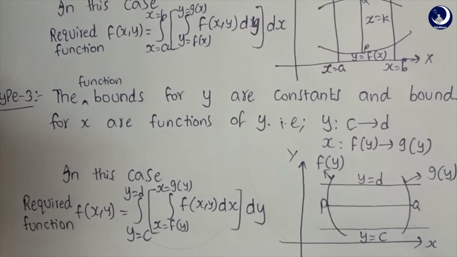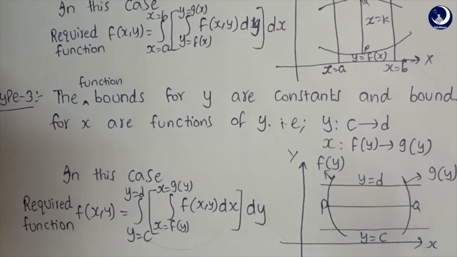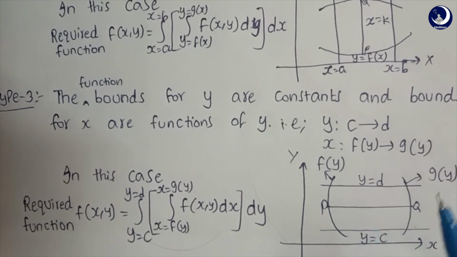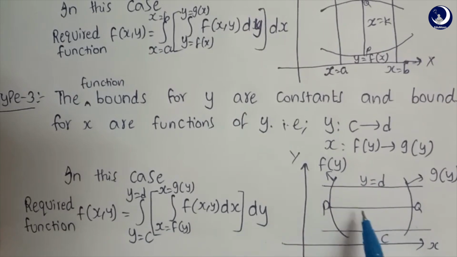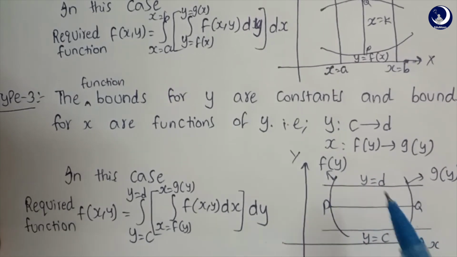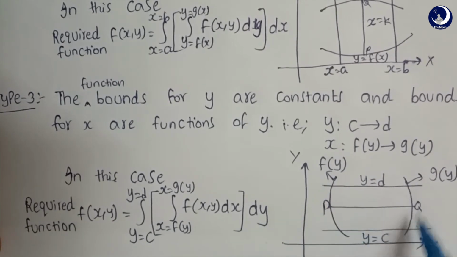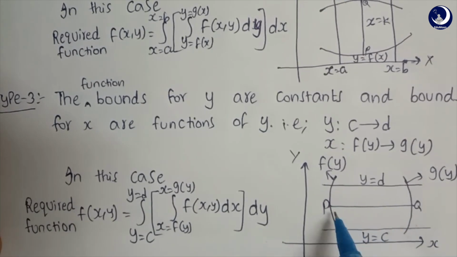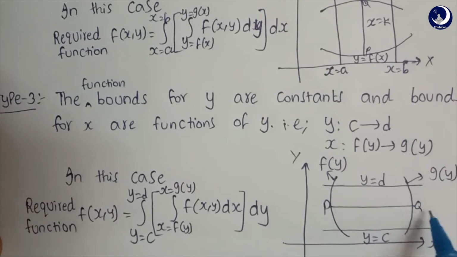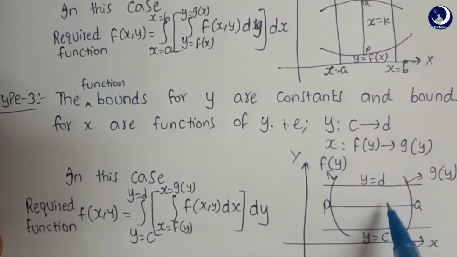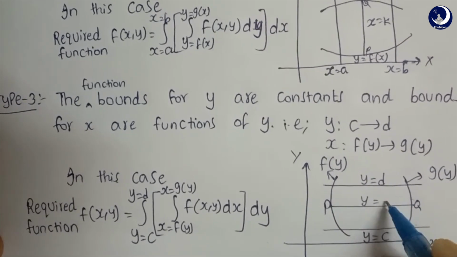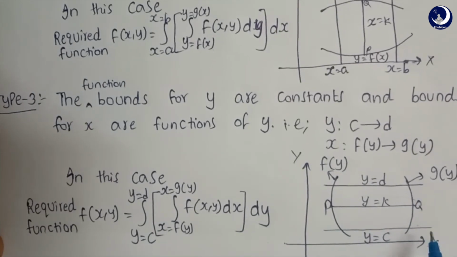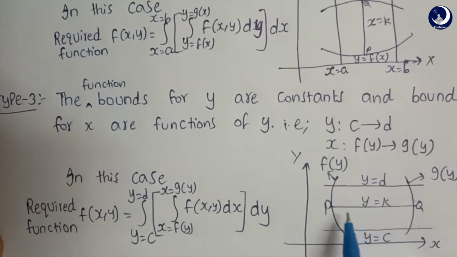In type 3, the y limits are constants and the x limits are variables. So I drew the graph for this. For the x limits, I took a PQ strip parallel to the x axis. So here the y limits are constants, y equal to k, and the x limits are variables.